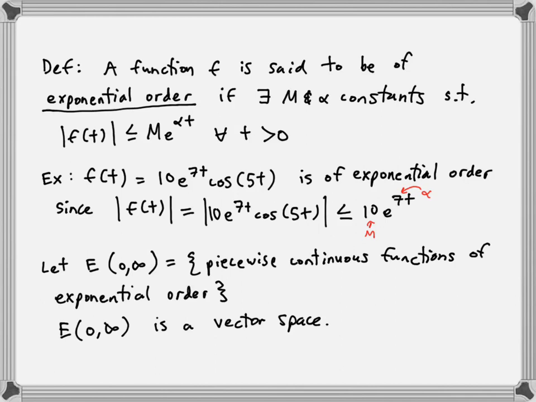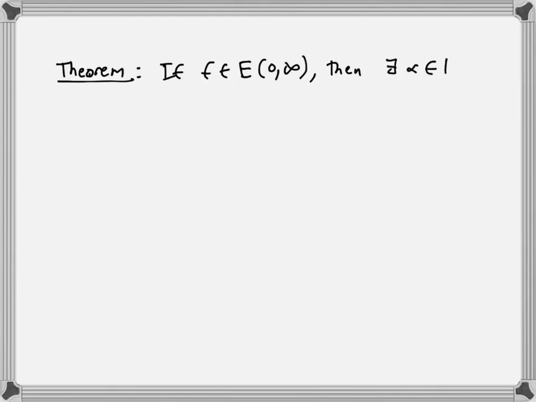So, theorem. Why do we care about functions of exponential order? Well, if f is a function of exponential order, then there exists an alpha that's a real number such that the Laplace of f exists for all s bigger than alpha.